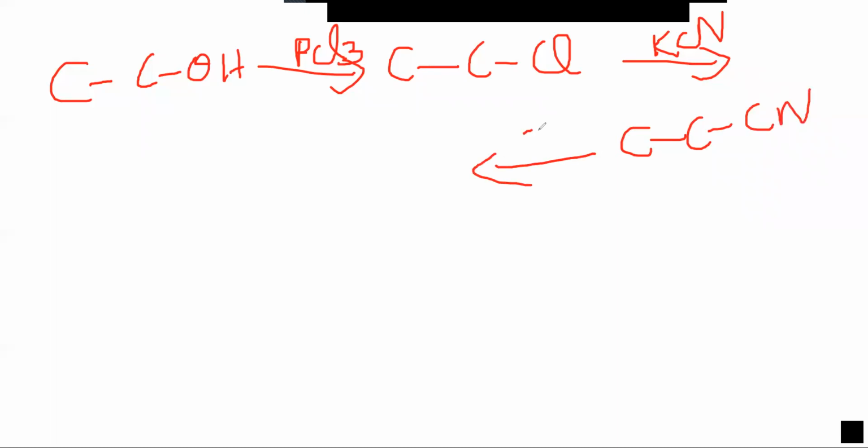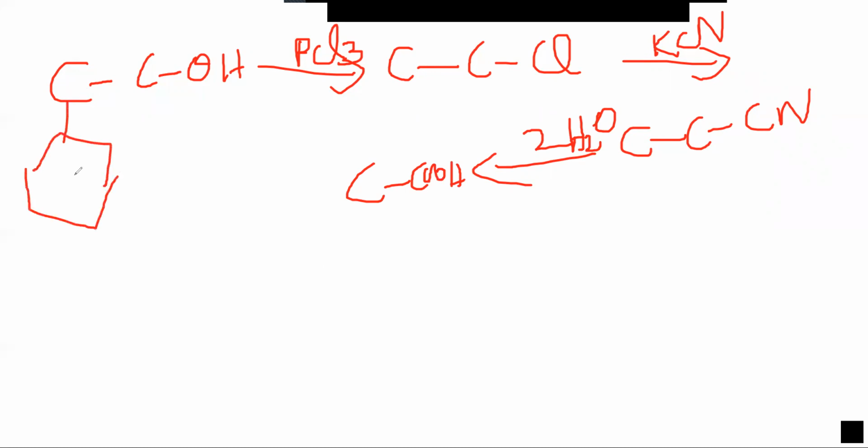Then cyanide, with 2 molecules of water on hydrolysis, can be converted into acid. That's all. Now you have to write the benzene ring, because benzyl alcohol is given. So in all places you write the benzene ring. Here the benzene ring, after getting cyanide also here the benzene ring.